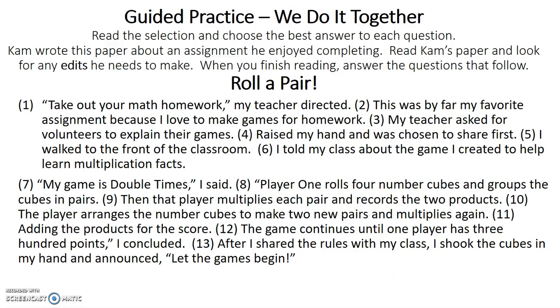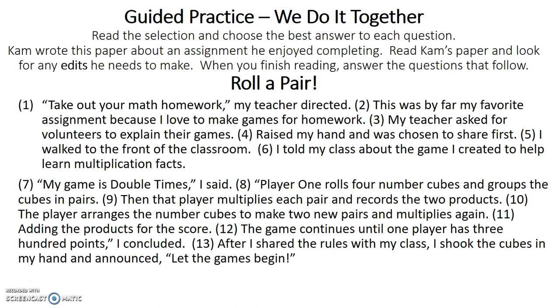So it says, what is the correct way to write sentence 4? A, I raised my hand to share quickly. B, I was chosen first and raised my hand. C, I quickly raised my hand and was chosen to share first. Or D, sentence 4 is correct in the paper.